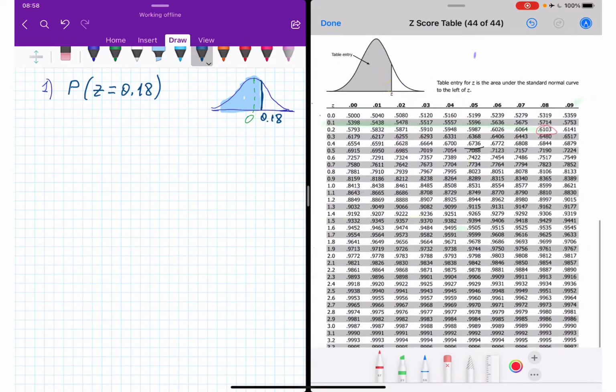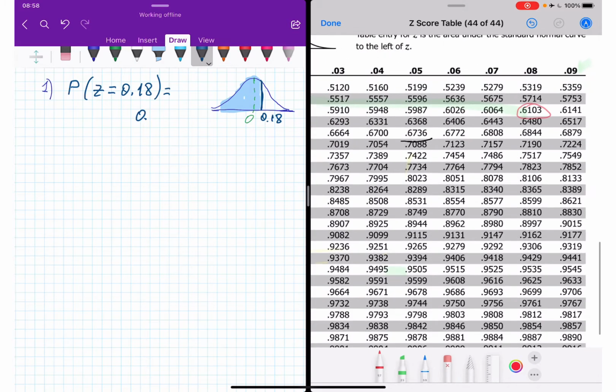Okay, so it's equal to 0.6103. Okay, next one.